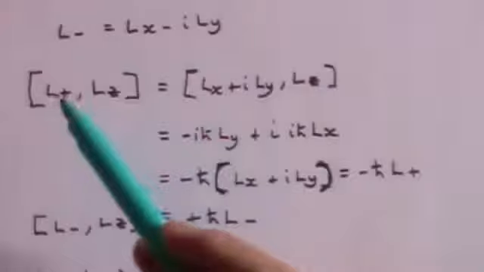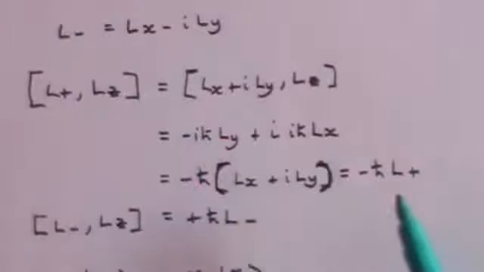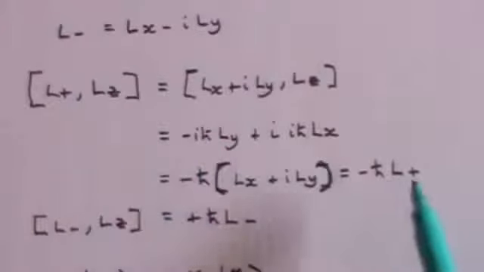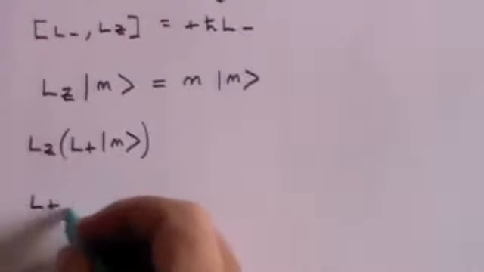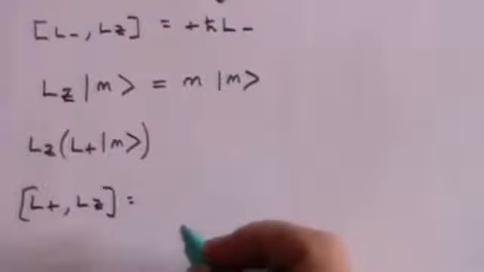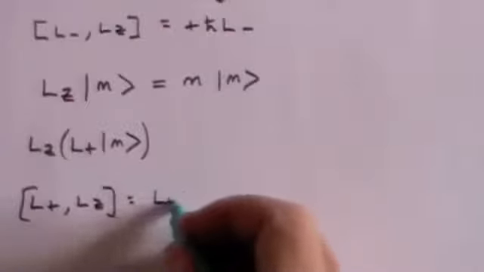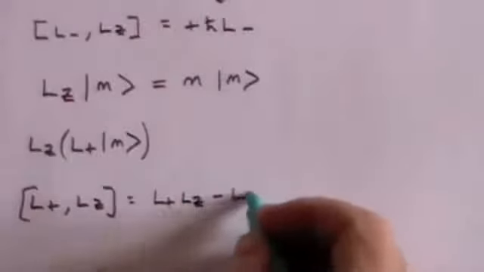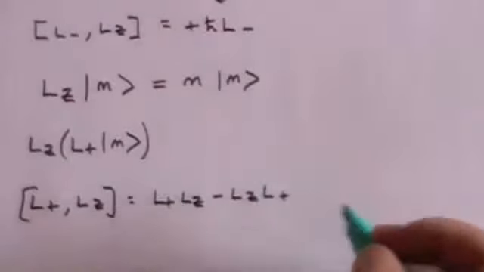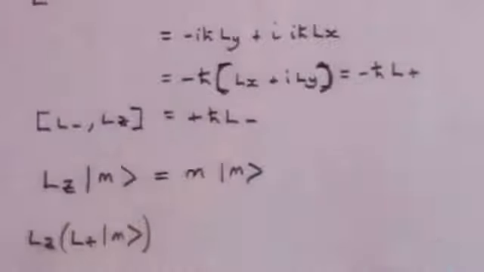Well, I just want to remind you that we showed you that the commutator of L plus with Lz is minus h bar L plus. So I can just write down here that the commutator of L plus and Lz, which is of course the same as saying L plus Lz minus Lz L plus, that's what a commutator is, equals minus h bar L plus.